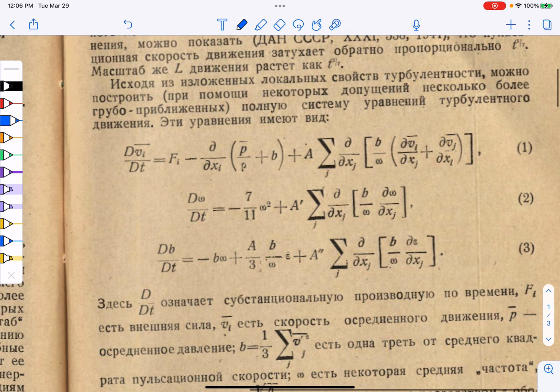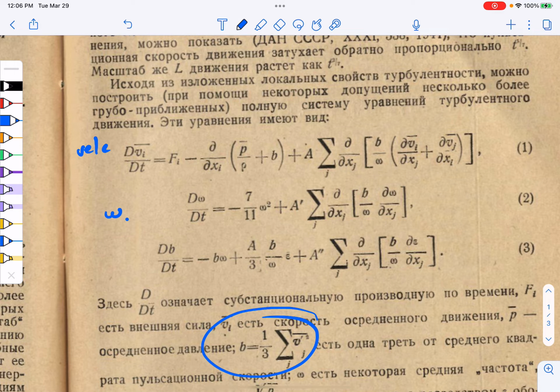But here's the equation. And you might say, well, there's actually 3 equations. Well, not really. This is an incompressible form. So this one's for the velocity. This one is for omega, which we call specific dissipation. And b is a strange form of a turbulent kinetic RMS energy.